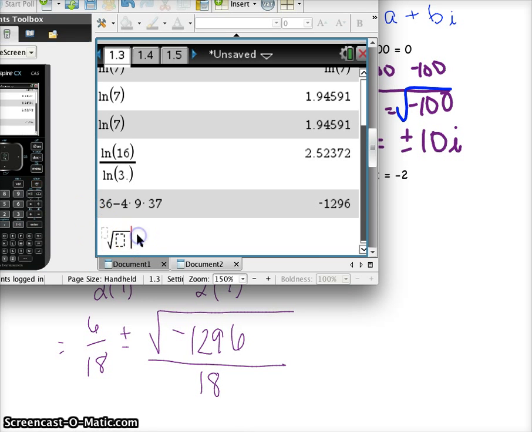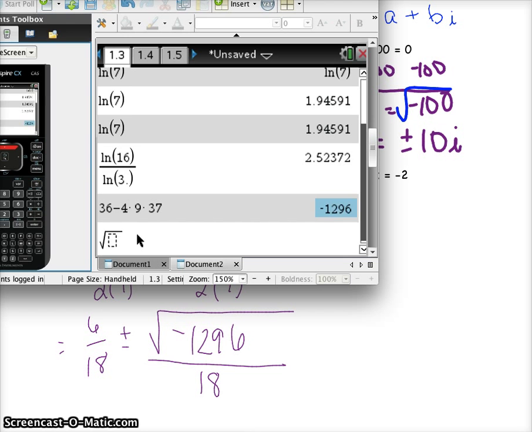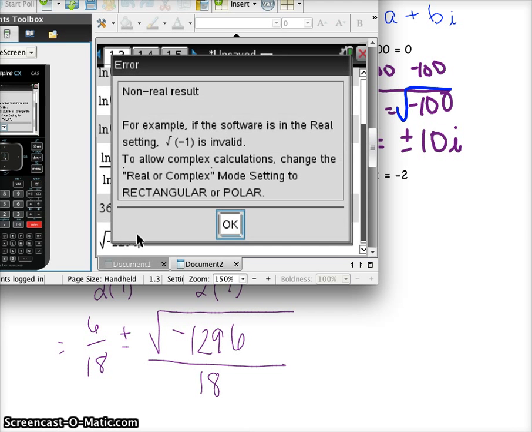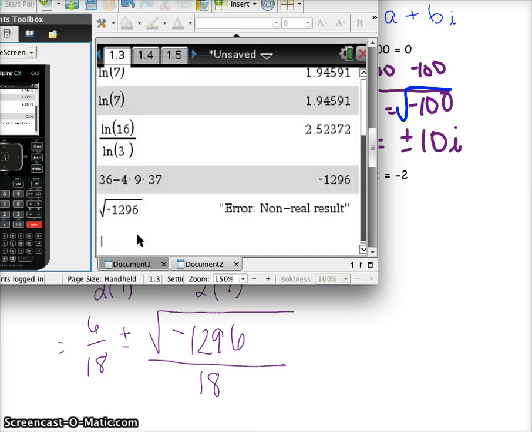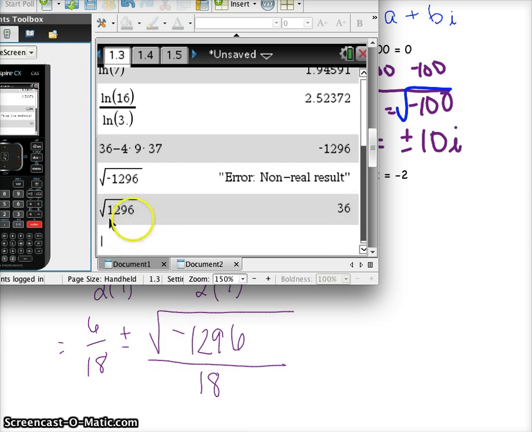Let me try again. I think I used the wrong key. The square root of 1,296. Okay, it's not going to take care of the negative for us, so let's go in and delete the negative and take the square root of positive 1,296, and that is 36.